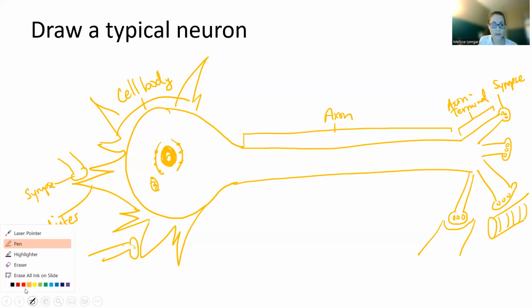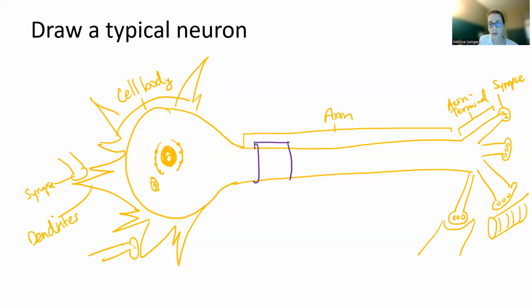Now we're going to have some neuroglia cells. These neuroglia cells are the support cells that help maintain the neuron. The ones you really want to pay attention to are the ones that make the myelin sheath. So here you can draw this little part that wraps around the axon like that, and this represents the cells that create our myelin sheath. You want to think about what cell creates the myelin sheath if this is a central nervous system neuron or a peripheral nervous system neuron.